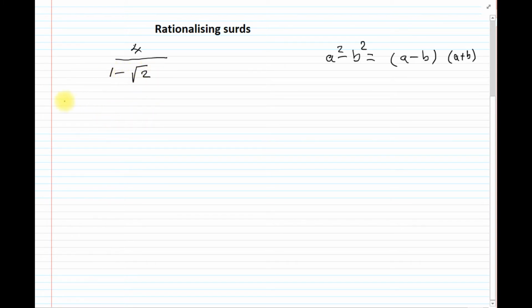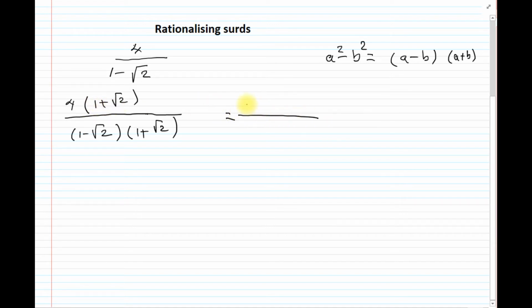So our fraction becomes 4 bracket 1 plus square root of 2, and the denominator becomes 1 minus square root of 2 times 1 plus square root of 2. You may or may not be required to multiply the 4 into the bracket, but for the moment I'm going to just leave the 4 outside the bracket.